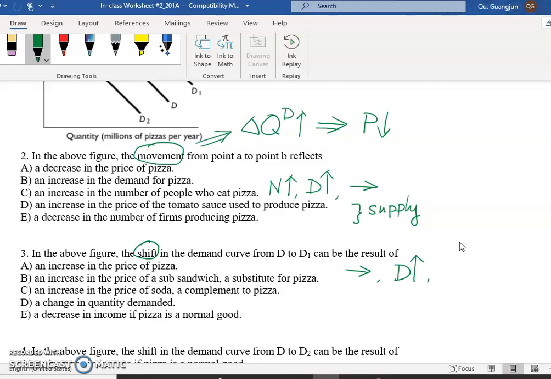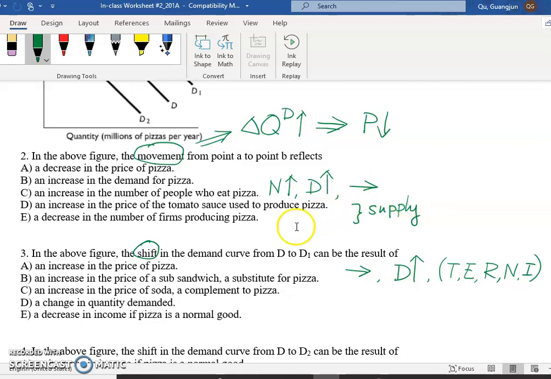And we said that when demand changes, the only thing that could cause this kind of change is one of the other 5 factors. Okay, so it could be T, E, R, N, I, right? It could be one of them.